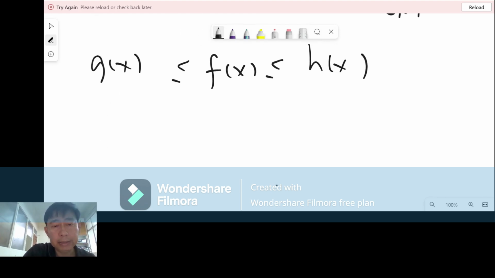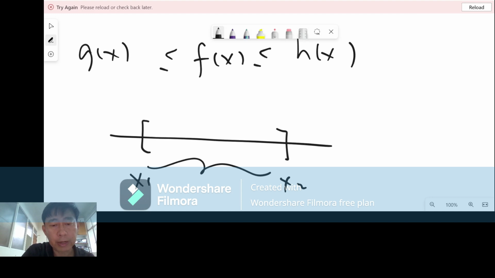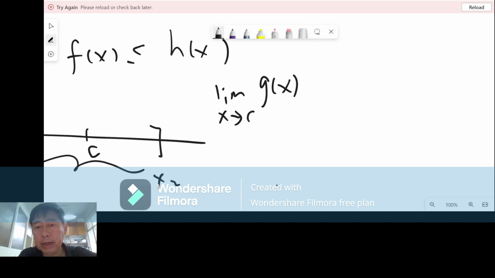It is known that this is true for x lying on some interval x1 to x2, and this interval contains the value c. At the point c, the limit of the function g is known, and the limit of the function h is also known at c, and both are assumed to be the same.